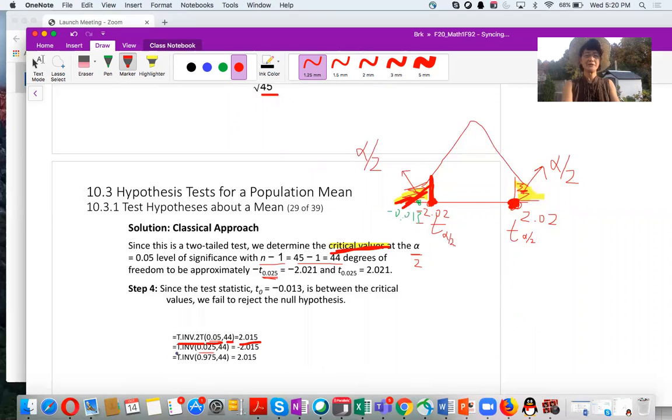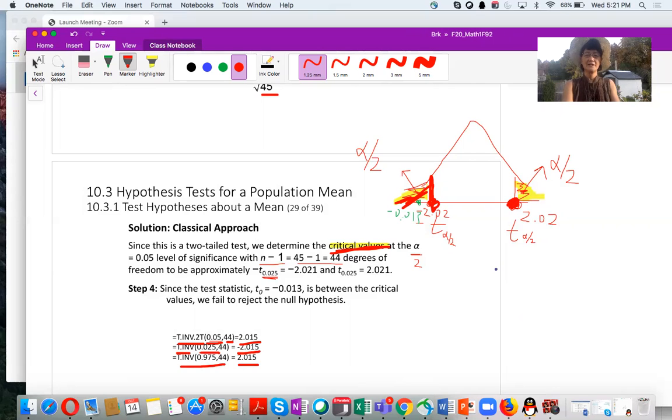The other way is you use t.inv, but you have to use half alpha because this is a two-tailed test, and you get negative 2.015, which is this point here, negative, because the area is based on the left of the t value. So this second value, you get the negative. And the last one, when you type in this formula, you get positive. So it is this number here.